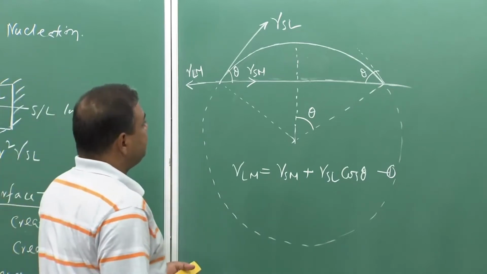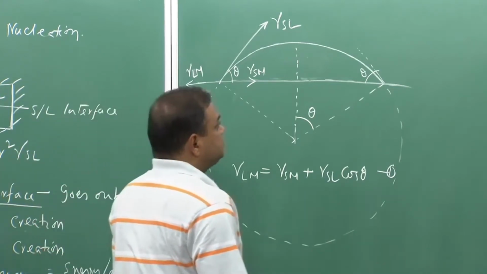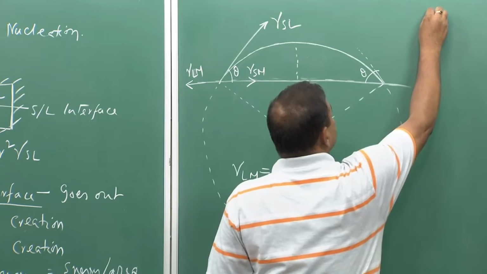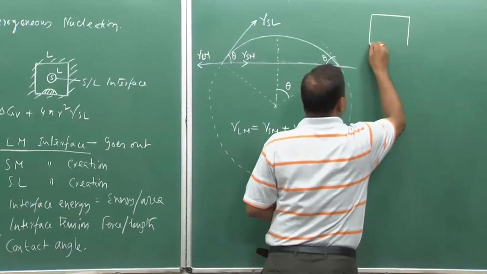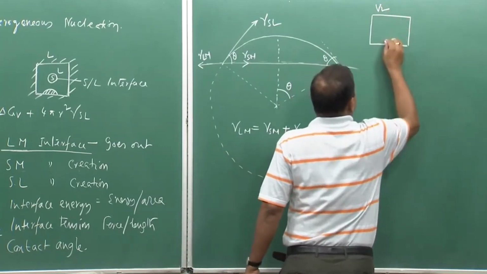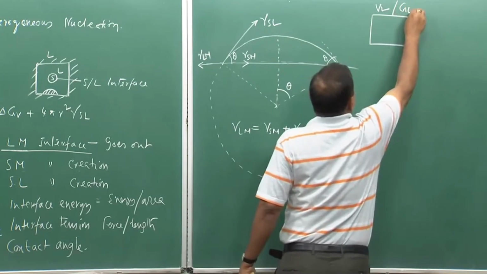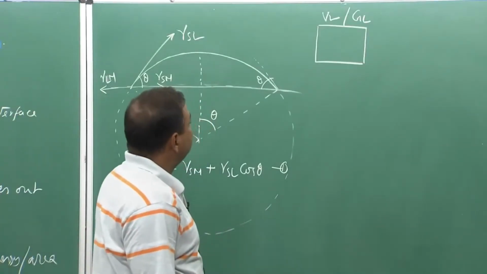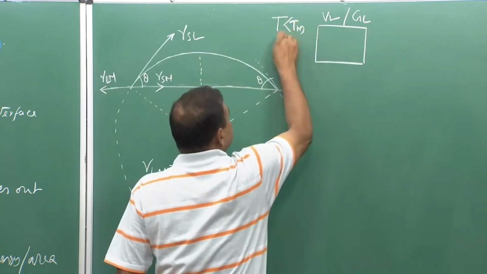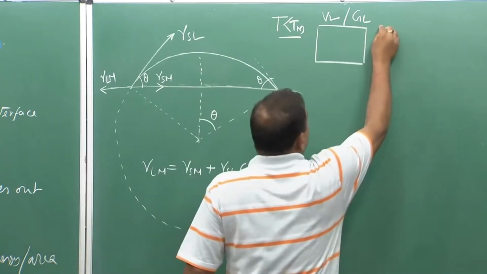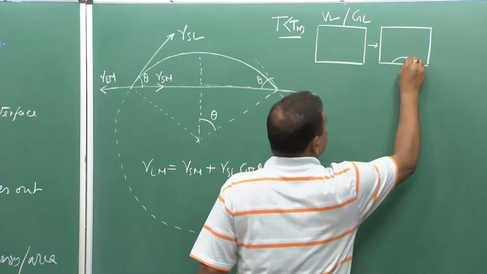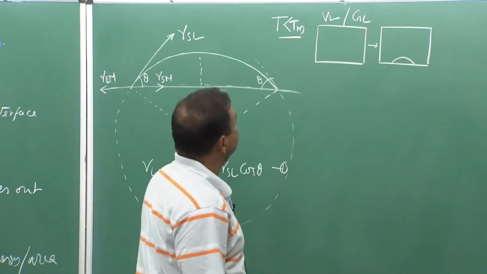Now, second case: if we try to understand the similar relation to what we got in the case of homogeneous solid-liquid transformation. If that is the volume V L, and G L is the free energy per unit volume of that liquid, at temperature T, which is less than T m, then we can get another instance where solid will form, but in that case the solid forms on top of the mold wall.